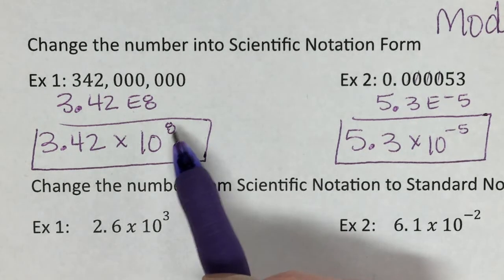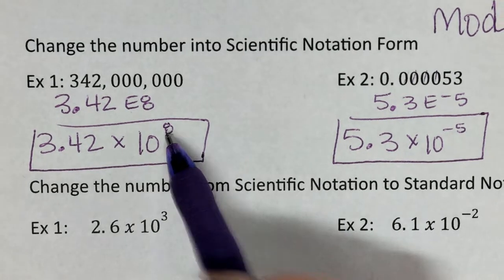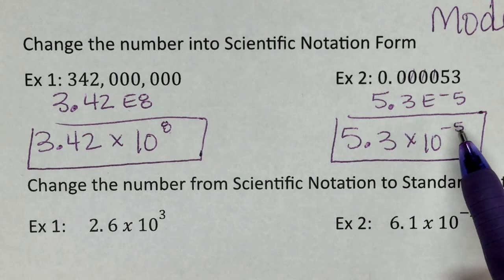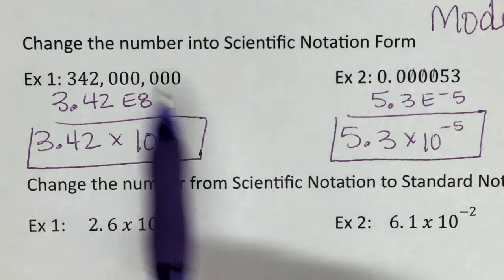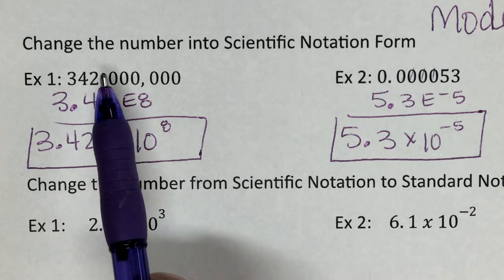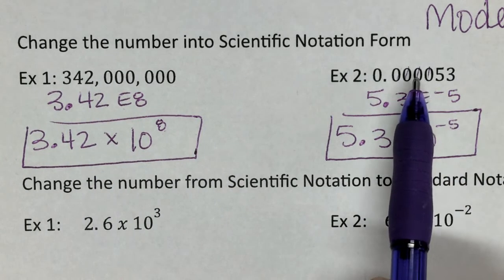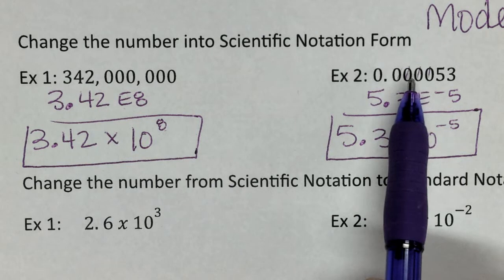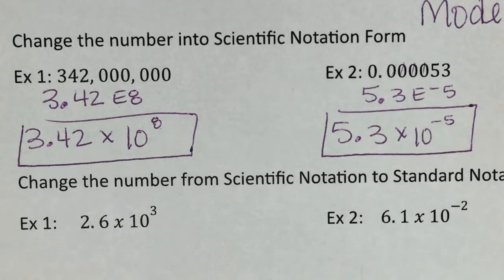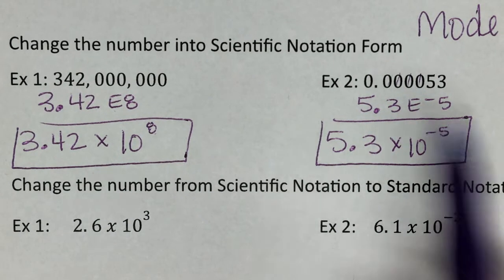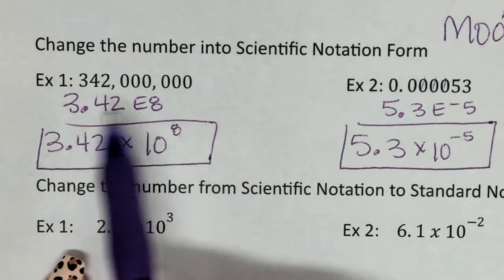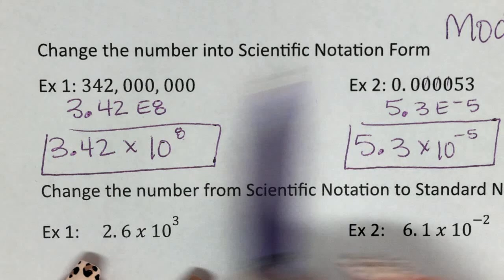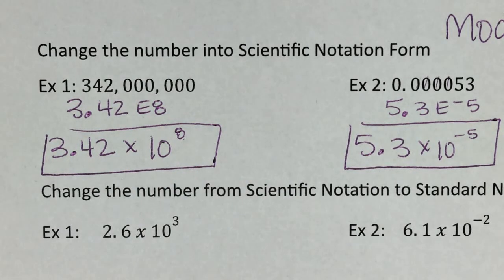Now look at these two answers. Why does this one have a positive exponent and this one have a negative exponent? Do y'all see the difference between the two numbers? This is a really, really big number, and this is a what? Really, really small number. This might be like the weight of a feather. If I weigh a feather, it's not going to weigh very much, right? So this might be the weight of the feather. This might be the distance from here to, I don't know, across the world.